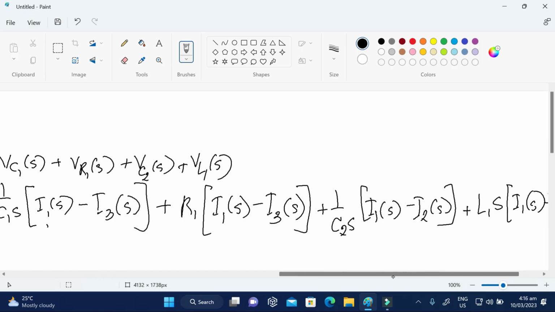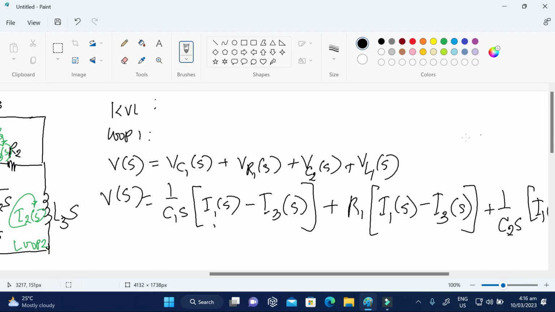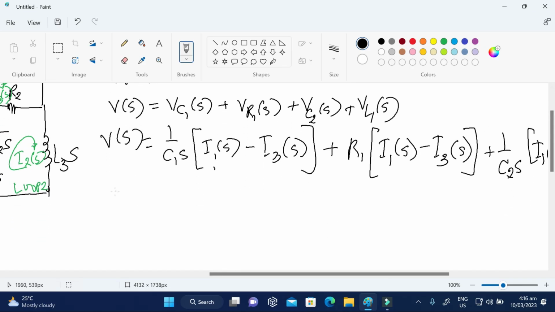Then we will have each of the currents separated.